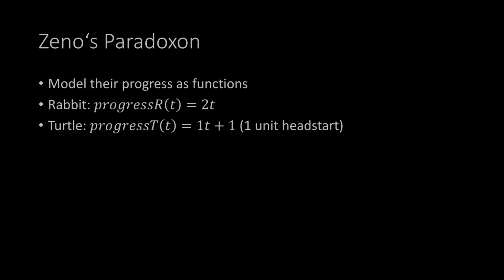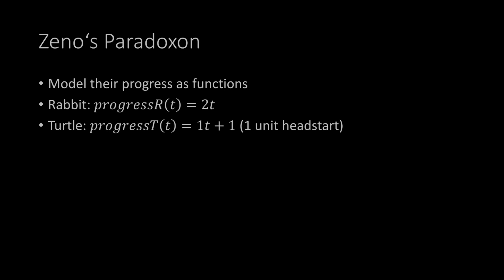The simplest approach is to model the progress of both the rabbit and the turtle, so the units they made in respect to the time as a function. For the rabbit, this is 2 times t. So after 1 second he made 2 units, after 2 seconds 4 units, after 3 seconds 6 units, and so on.